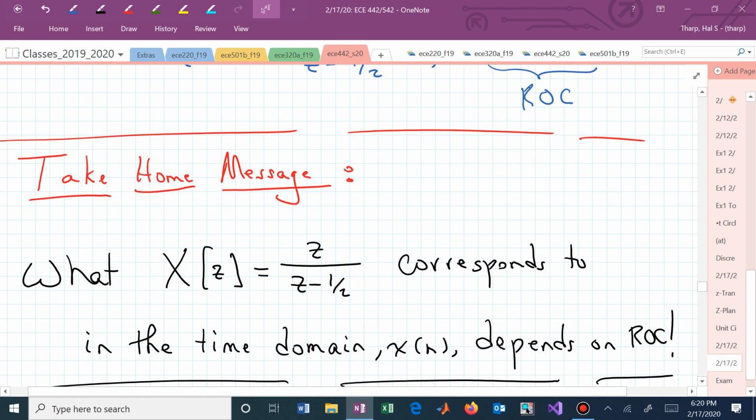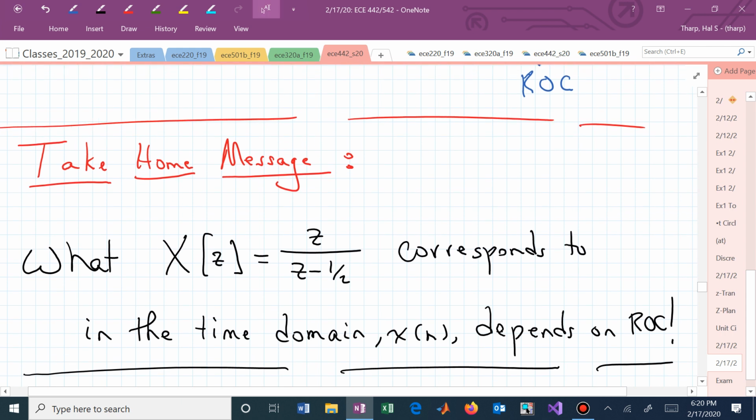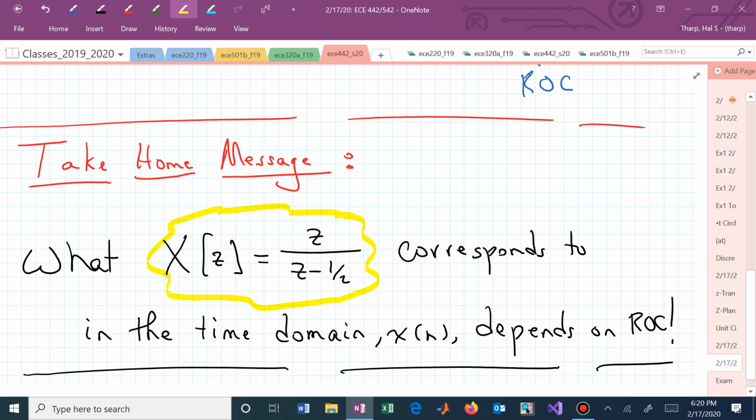No, it's 1/2 to the n where n is non-negative. It's causal. That's our take-home message. What this transform corresponds to in the time domain, you have to have the region of convergence, or you can't determine what your time domain sequence looks like just from the transform itself.